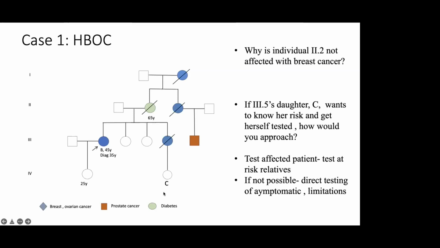So if we were to directly test this individual for breast cancer genes by next generation sequencing, and her report comes out to be uninformative, then we cannot conclude whether she doesn't have the mutation or whether she has a mutation which has not been detected by the assay, because large deletions and duplications in genes are not detected at present by next generation sequencing.